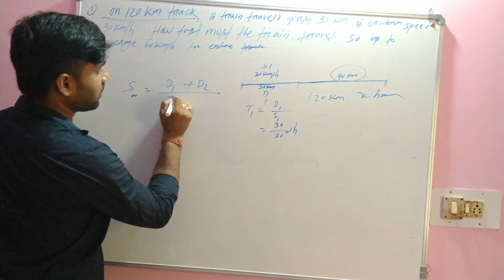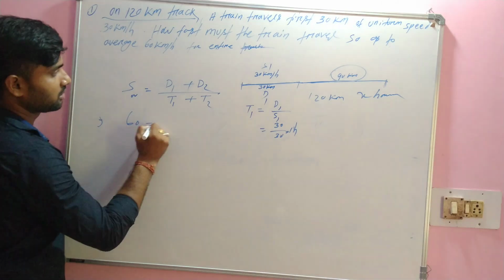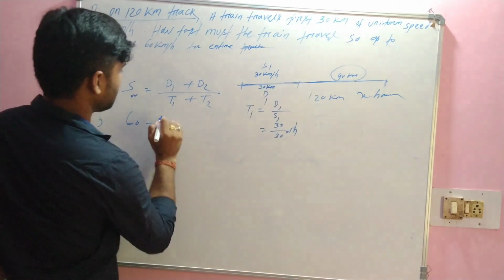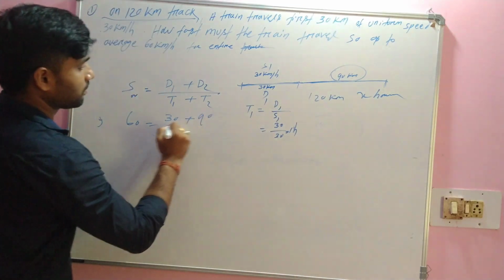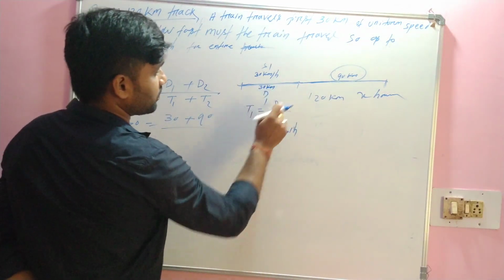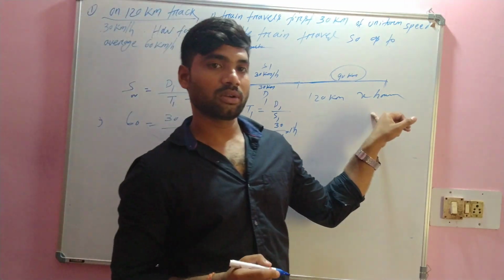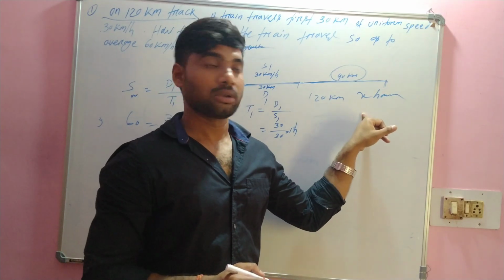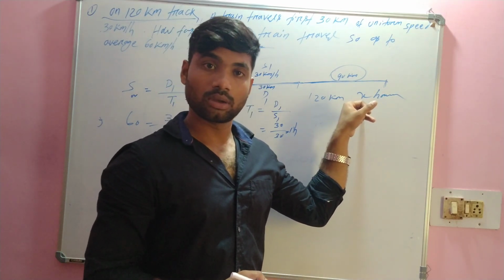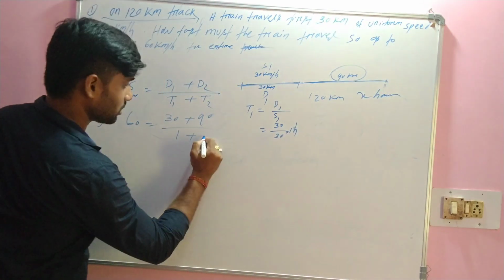Here we have the times t1, t2. Average speed is 60 kilometers. First d1 covered 30 kilometers plus the next 90 kilometers. We covered the first 30 kilometers in 1 hour, so 1 plus the time to cover 90 kilometers in x hours.